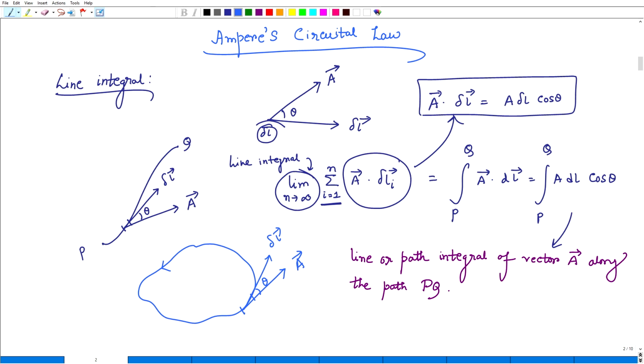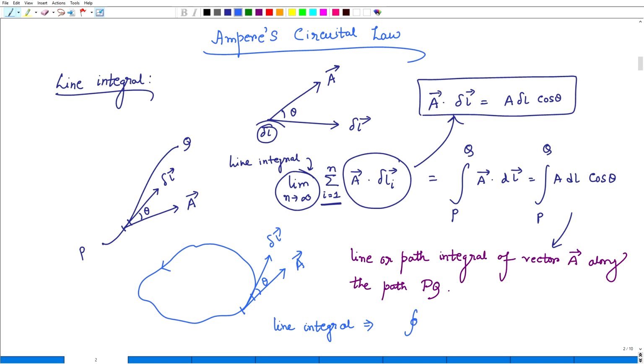Okay. So, again similarly we can write, the overall part is the same, just the line integral will be, now this is a closed loop, so the path is a closed path, because the loop is closed.